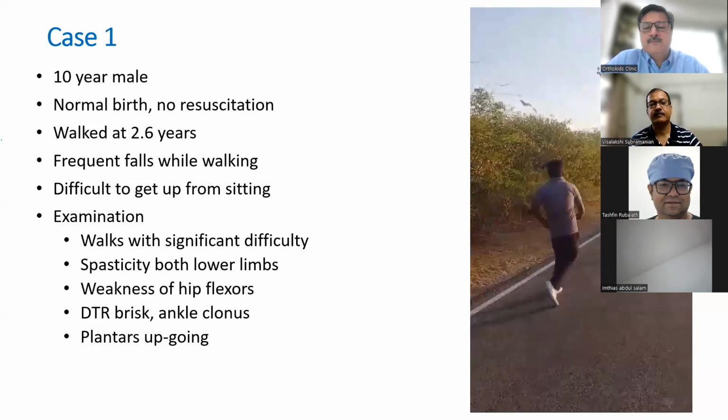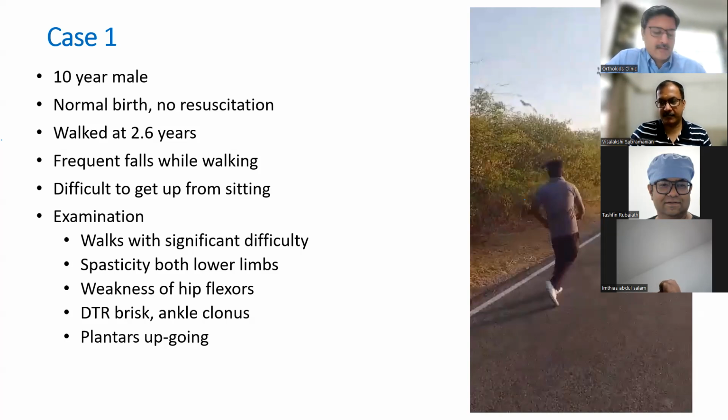Based on the family history, with this spasticity, brisk DTR and ankle clonus, I thought it could be HSP, sir, if the MRI was normal. There are a few other genetic causes of spasticity, so not only family history, and Anand would tell us.